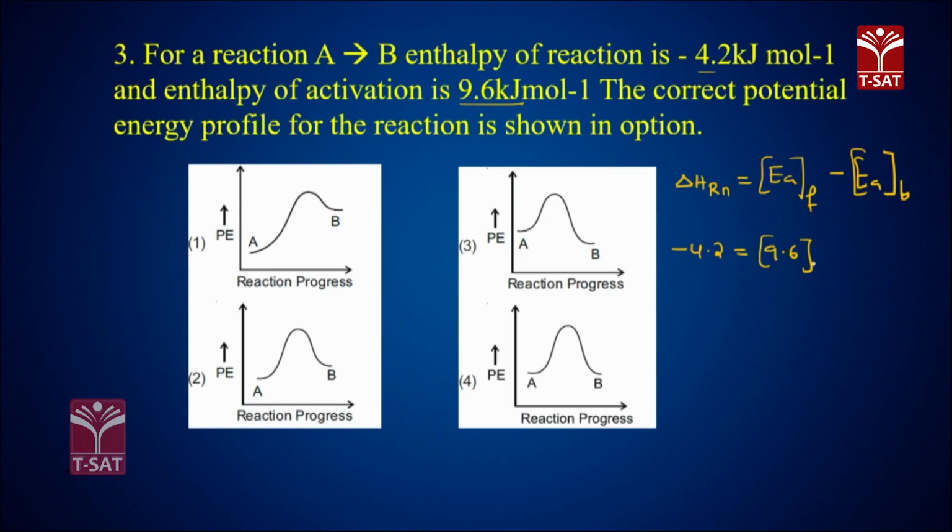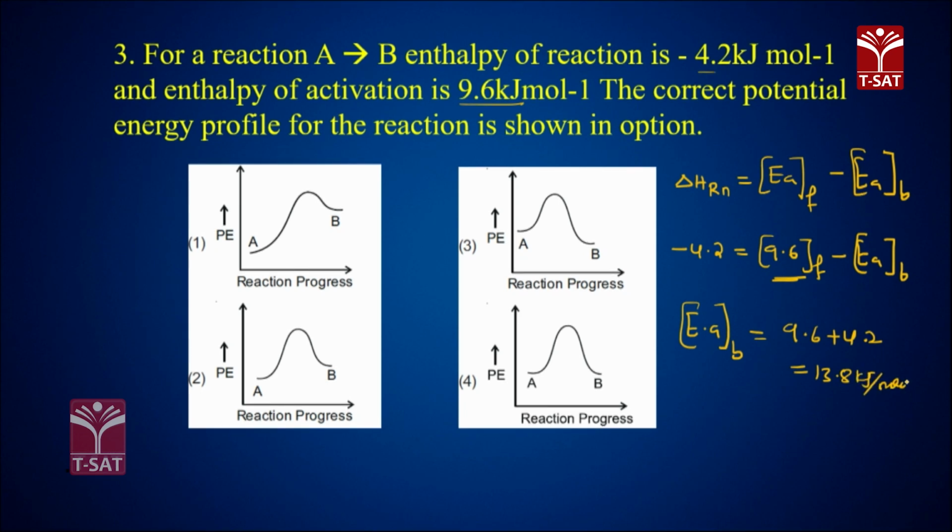If you calculate the activation energy of the backward reaction, what will be the answer? Activation energy Ea of the backward reaction is equal to 9.6 plus 4.2, which is 13.8 kilojoules per mole.